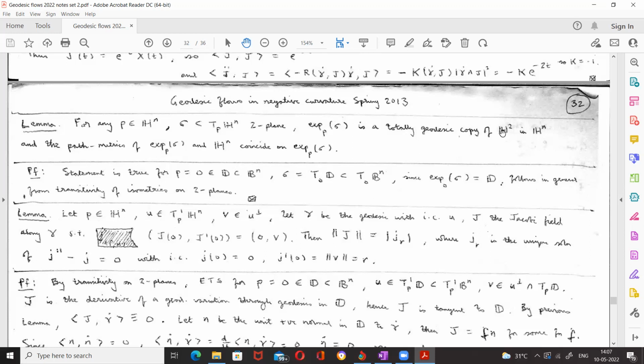And so the difference of the two connections is the normal part of the connection, right? So totally geodesic means the second fundamental form, which is the normal part of the connection, vanishes, right?